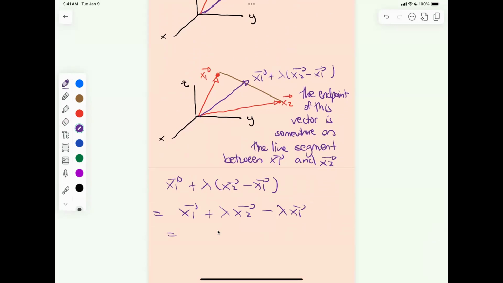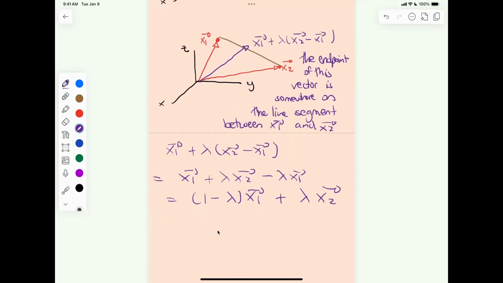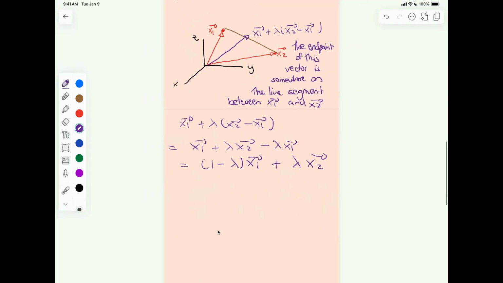Then you factor out the x1s from the first and last terms, and you get (1 minus lambda) times x1 plus lambda x2. So this is the way to write the equation for the line segment between 2 points.